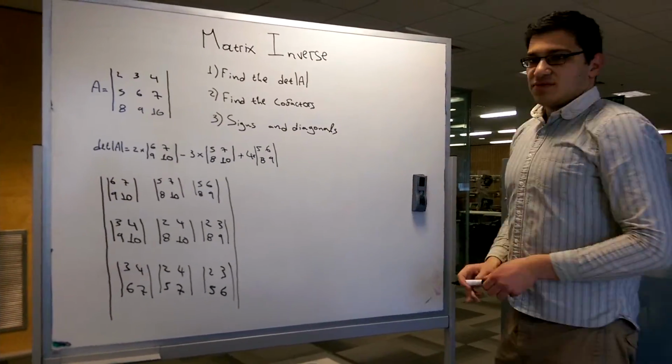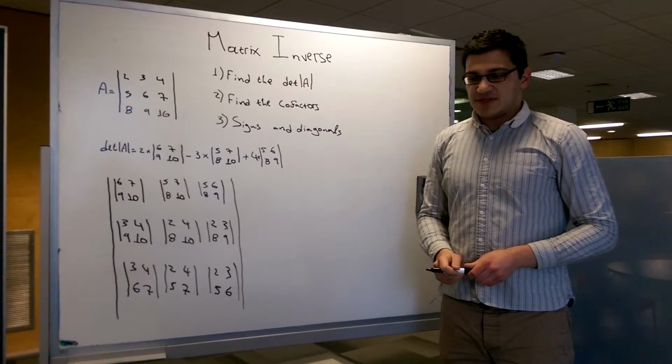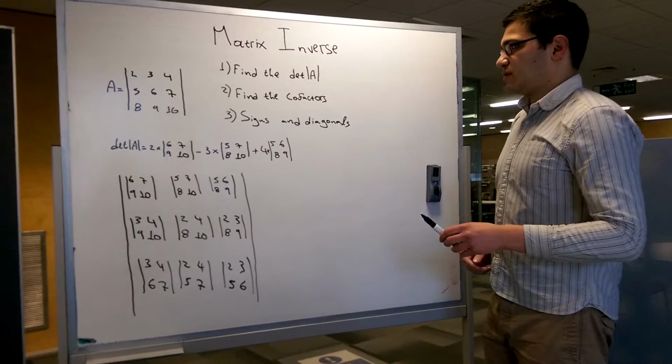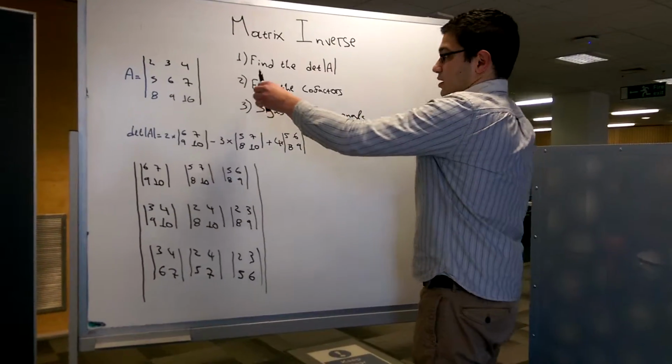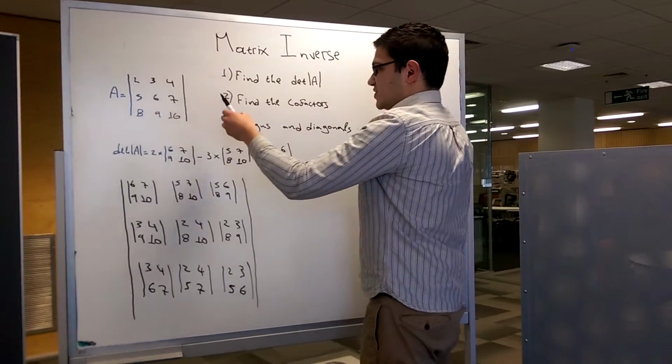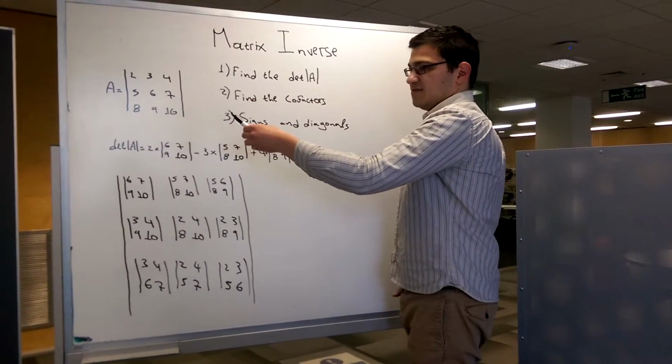So there are many ways to inverse a matrix, and I'll show you one of them today. You are given a matrix, say a 3 by 3 matrix, and you want to find the matrix inverse.